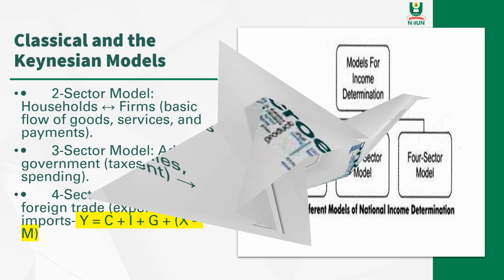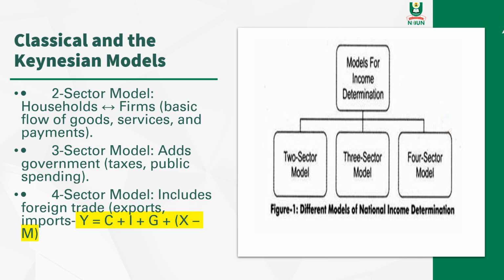So let's look at the classical and the Keynesian model in income determination. The classical economists believe that there are 2 basic sectors, the firm and the household. That's why they believe that when we talk about national income, income is equal to consumption plus savings, or consumption plus investment.